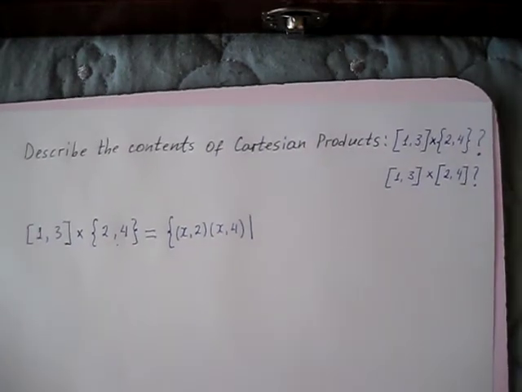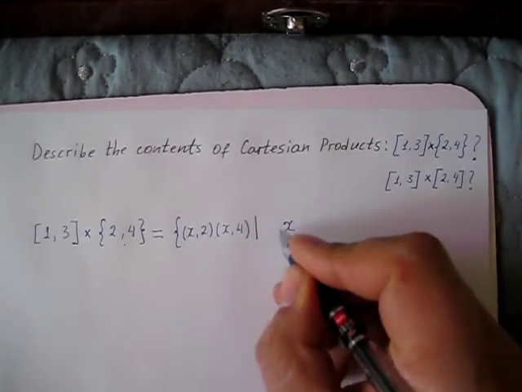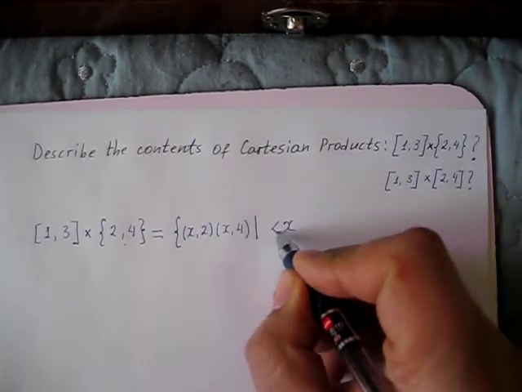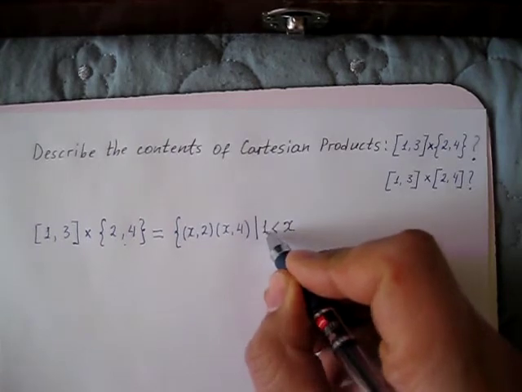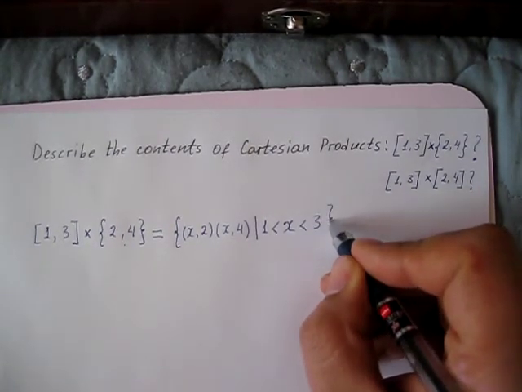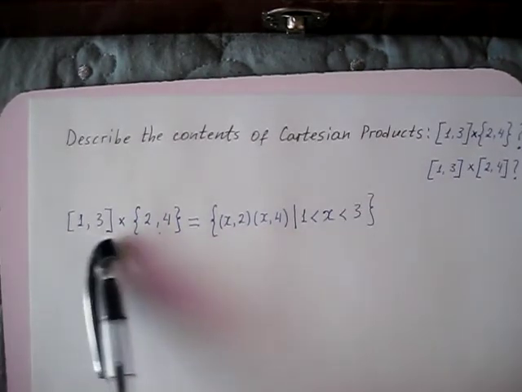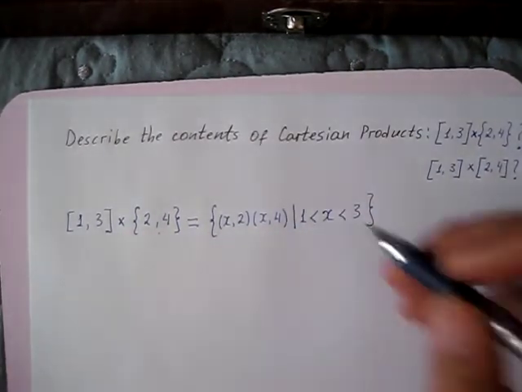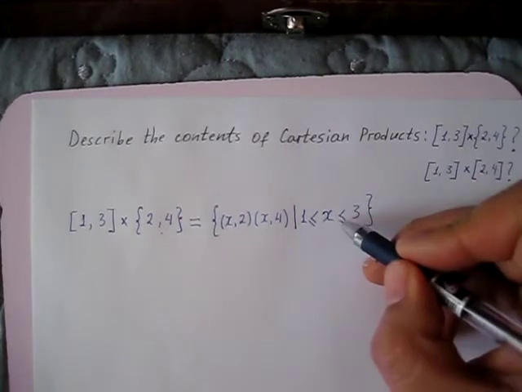So we can say that x can be any number between 1 and 3. But since we have a closed interval, our inequality must have the equal part.